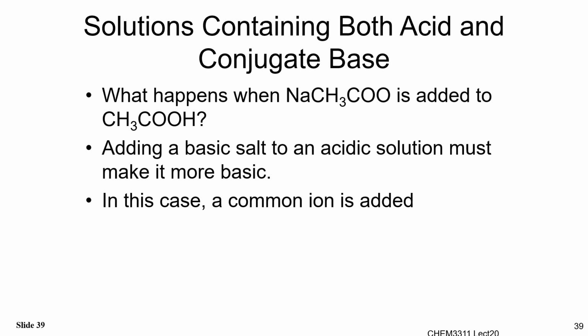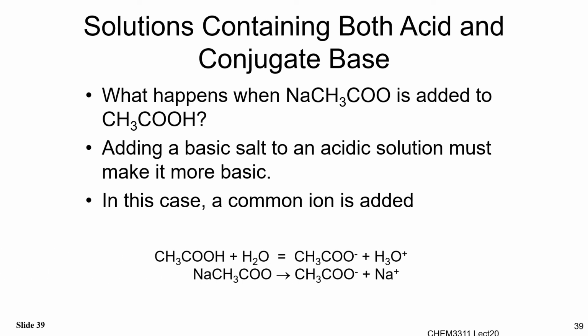But it's also a common ion. Acetate is the conjugate base of acetic acid, so this is a common ion process. I've got two different reactions. I have the equilibrium of acetic acid with water to make acetate and hydronium ion.